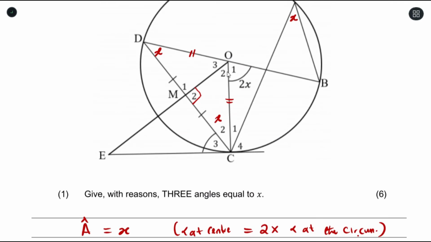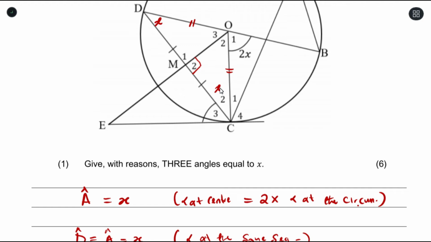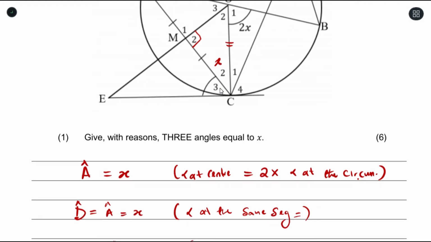Now to get O2, since OMC is a triangle, we can calculate it using interior angles of a triangle, which gives us 180.